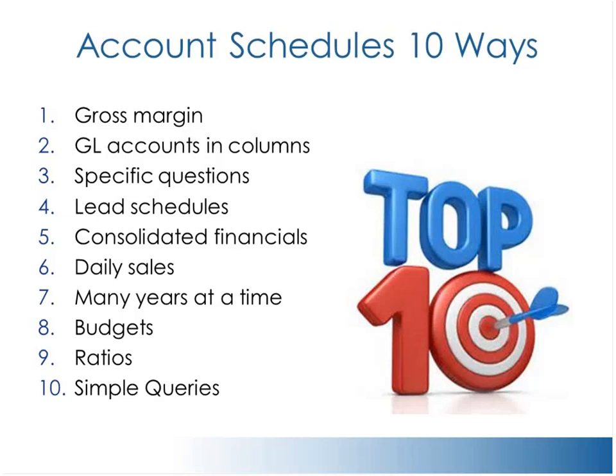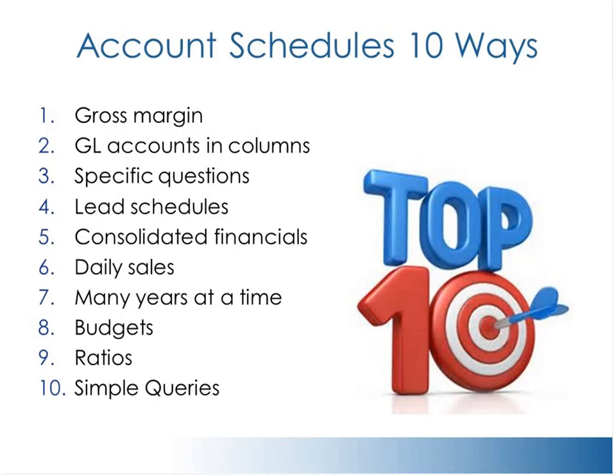So the other way that we can use account schedules that I don't see a whole lot of, but I'm seeing a little bit more of, is looking at ratios. So what kind of ratios are you looking at with your business when you're thinking about performance? You might be looking at different percentages. What's your base or your percentage compared to base? What are your inventory turns? What's your receivables ratios?